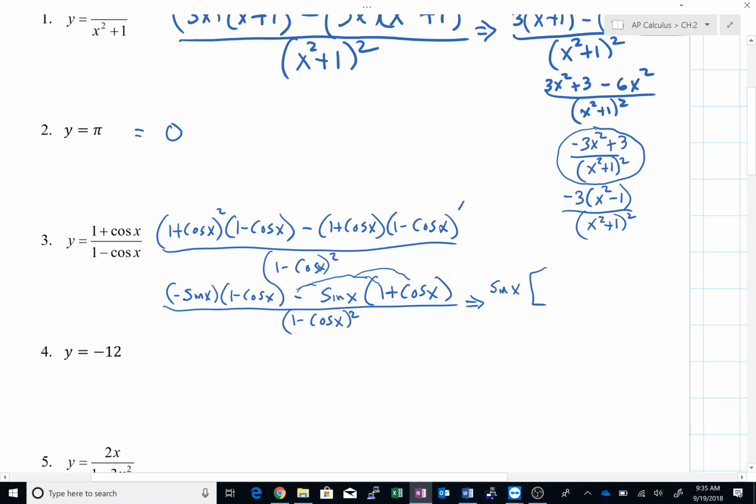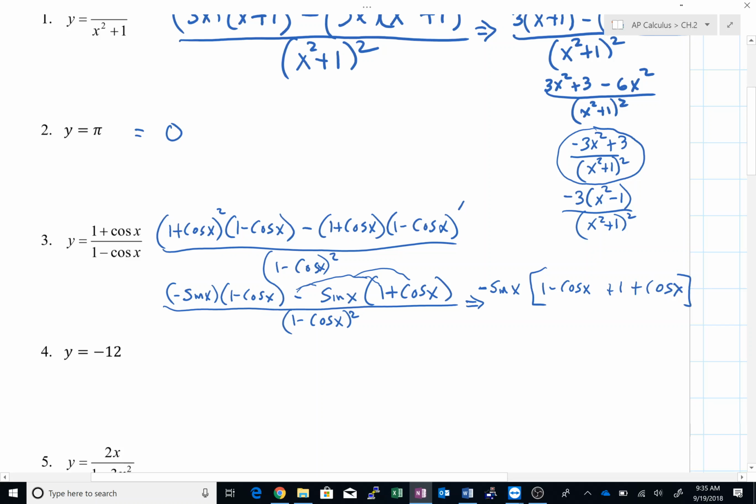Sorry about that, guys. All right, so then this would be a negative sine out front, and if I do that, it'll change this to a positive right here. Okay, so I'm left with 1 minus cosine of x, and then just simply plus 1 plus cosine of x.